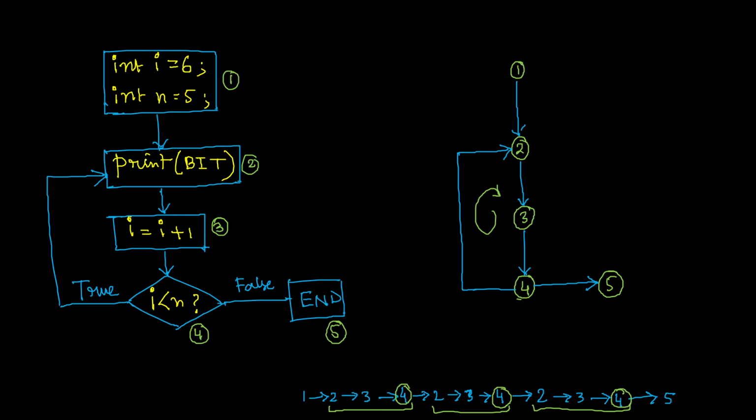The reason is that this printf statement does not require any condition, because the condition is not before the print. The printf statement will execute without any condition, then I will increase, meaning i becomes 7, and it will find 7 less than 5, which is false.